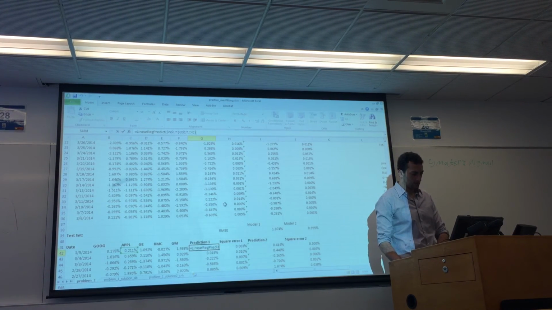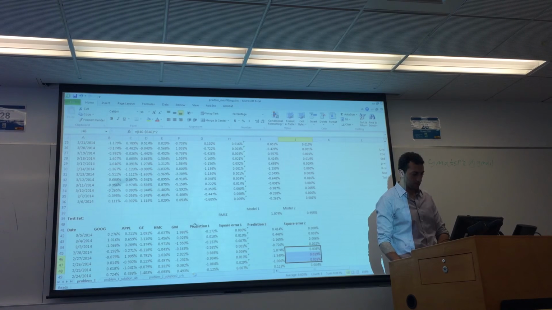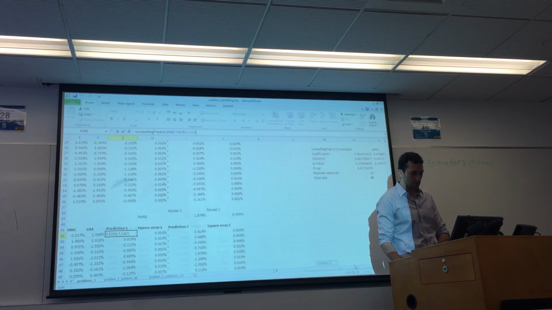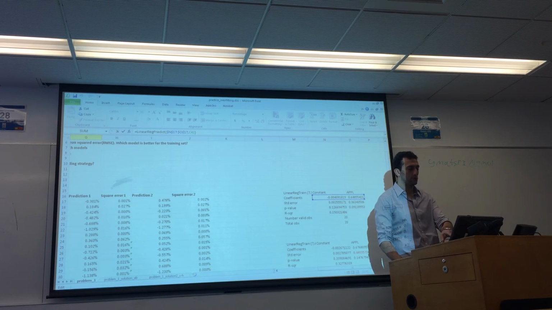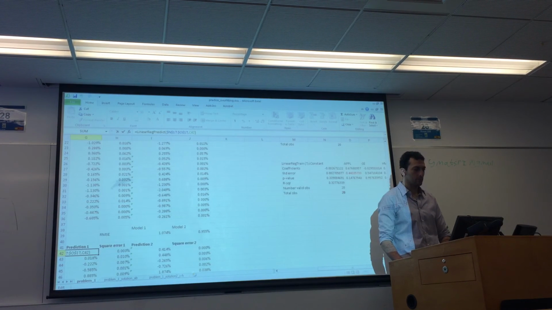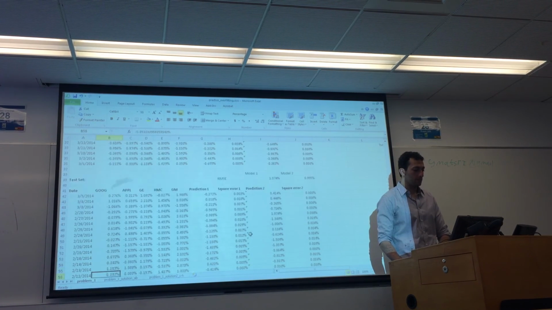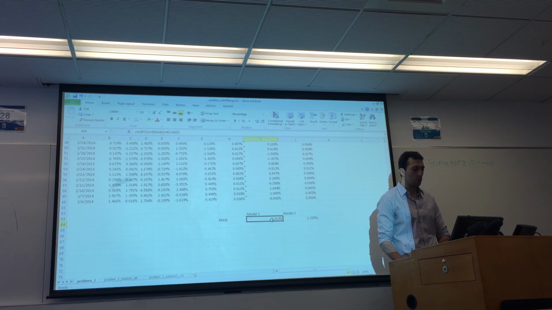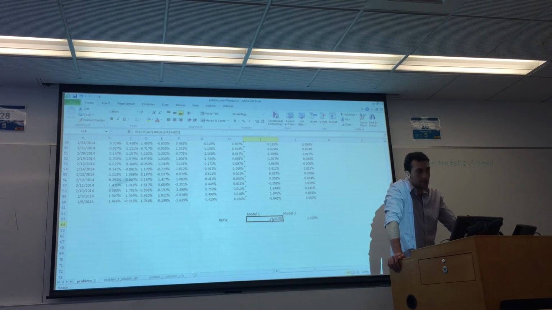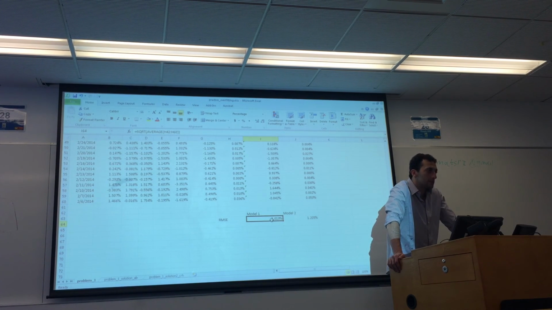For example, you can see the coefficient came from here. And then we know that model 1 is better because on the test set, the MSE is lower on model 1. So I always test only on the test set. The result on the training set, I wouldn't say they are meaningless, but they are less good than the test. So every time we look at which one is a better model, it's always on the test set. If I have a test set, definitely it's better. Okay. Any other questions?